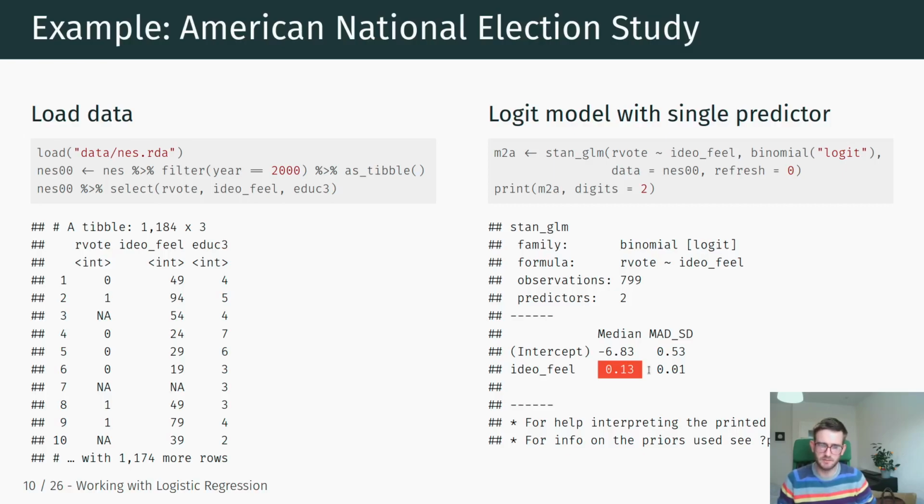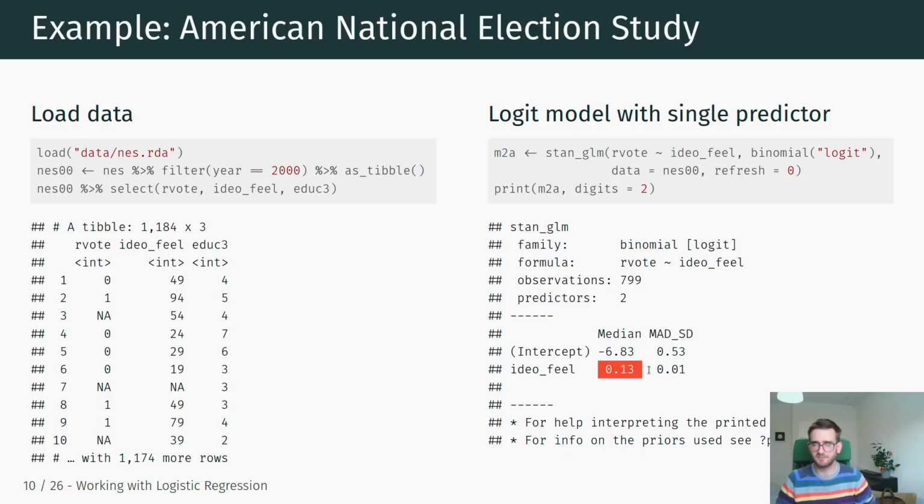Based on the basic logistic regression output, we can directly evaluate the direction of this relationship, where larger values in this feeling thermometer are associated with larger probabilities to vote for the Republican candidate, which makes sense. Larger values indicate feeling more closely to conservatives.